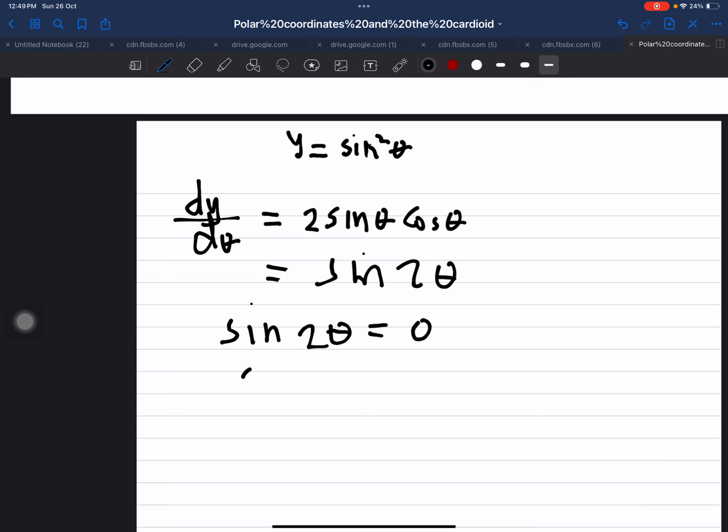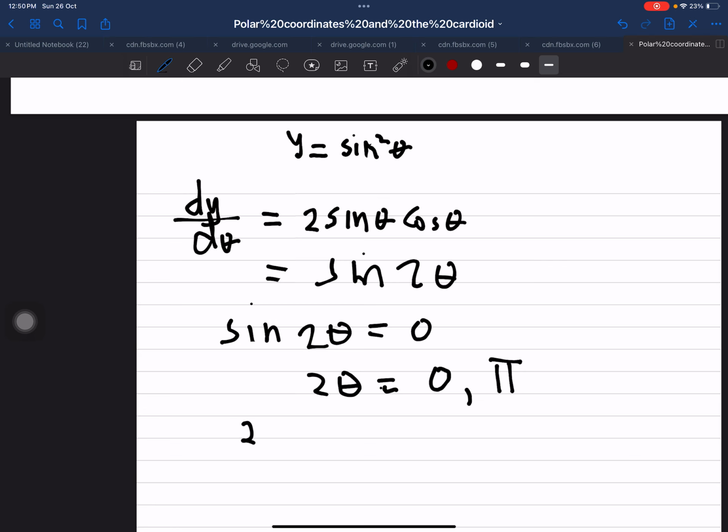Which values will give a sine value of 0? When is sine 0? At 0 and at pi.